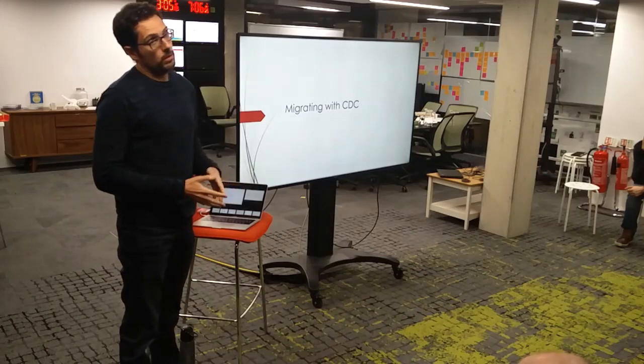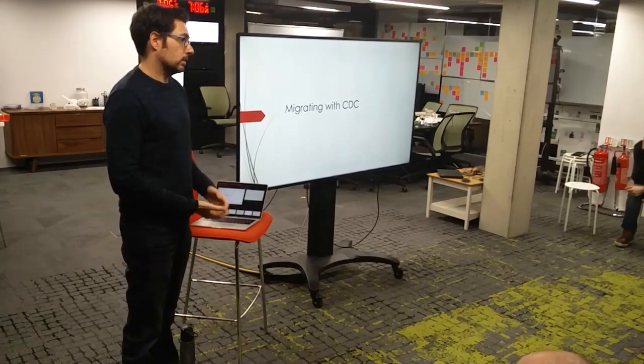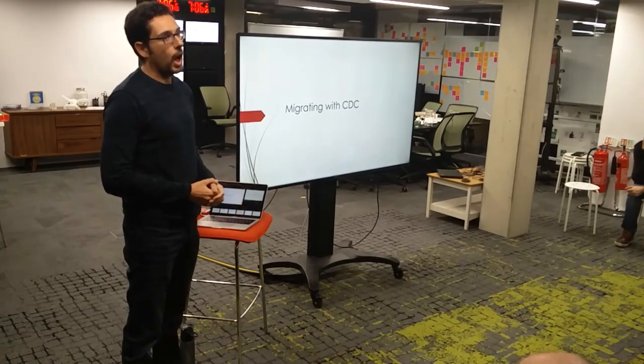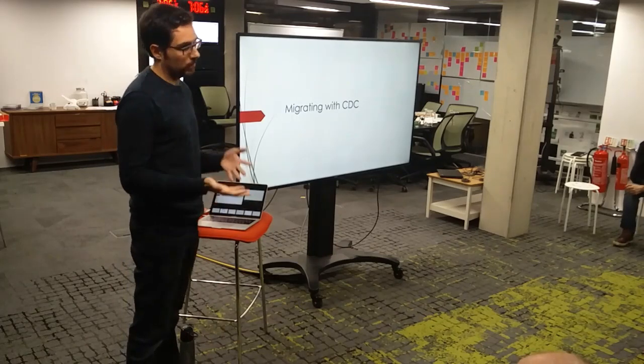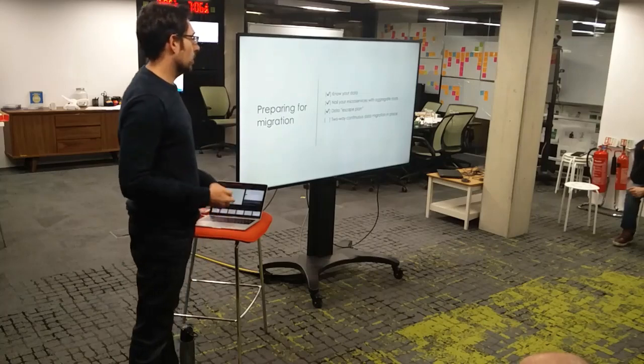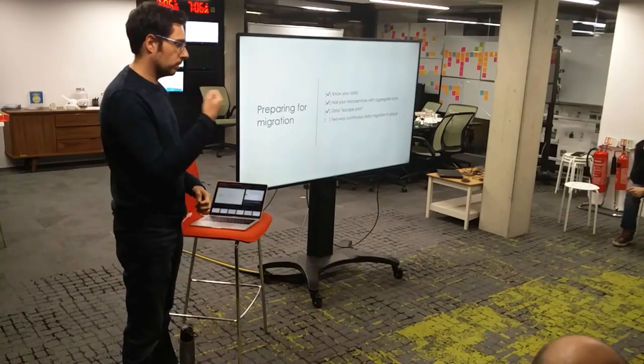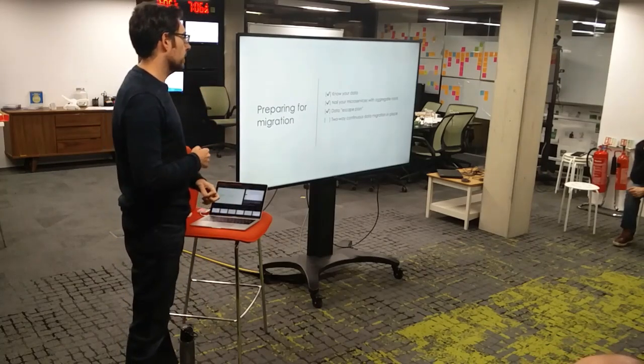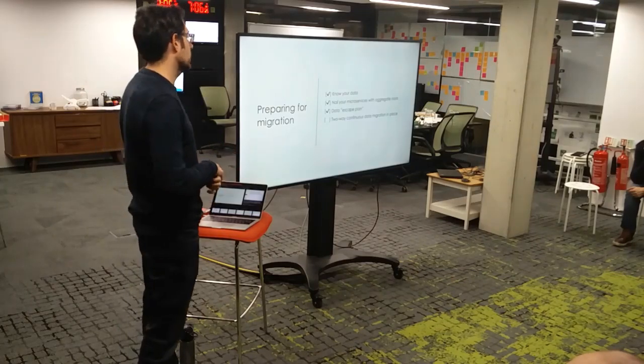So once we have described a little bit what the challenges are, one of the biggest challenges in microservices, how can CDC help basically tackle this problem? So let's say that you have ticked all of your boxes. You know your data, you have talked to your business people, and everyone has an opinion on those things and how they change.